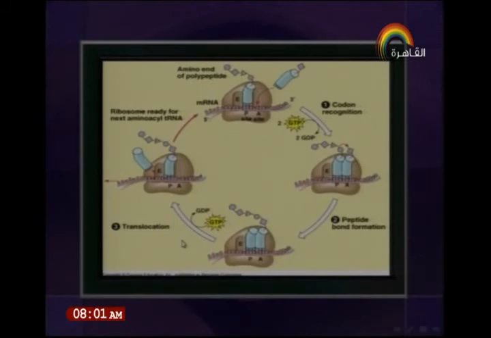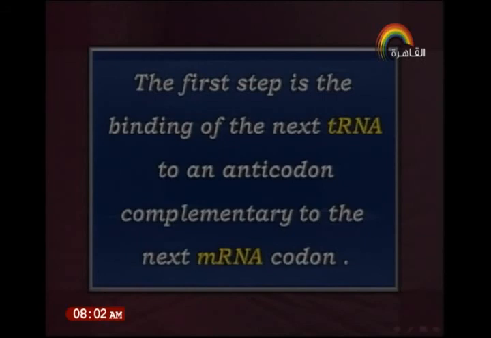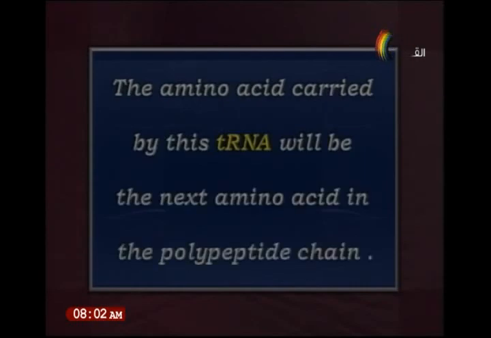Then the ribosome is ready for the next aminoacyl tRNA. The first step is the binding of the next transfer RNA, with an anticodon complementary to the next messenger RNA codon. The amino acid carried by the transfer RNA will be the next amino acid in the polypeptide chain.